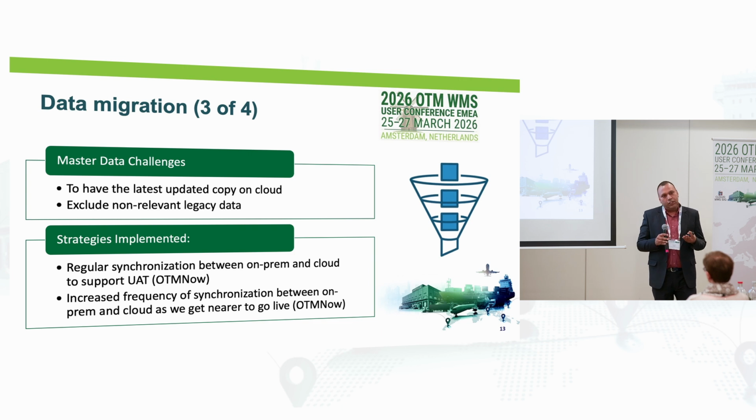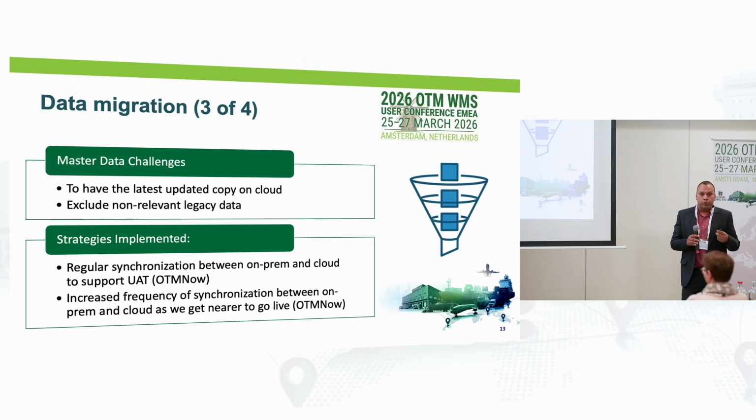We don't want to move that garbage to the cloud, so we have to exclude that also. So the cycle is the same. We did the regular synchronization of the on-prem to cloud, but more frequently. If you see the differences in the configuration, we said we'll not move anything, but in master we said we'll do more frequent synchronization so that we remain current to the master data.